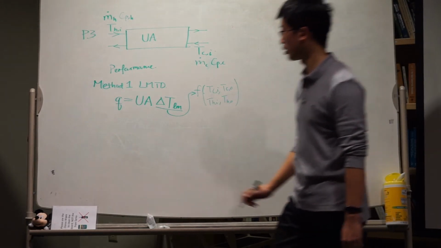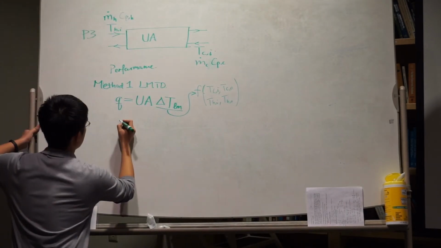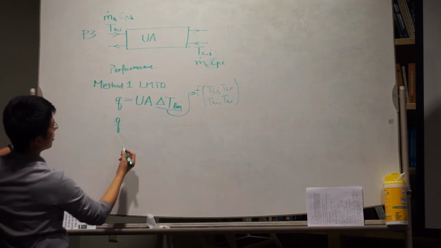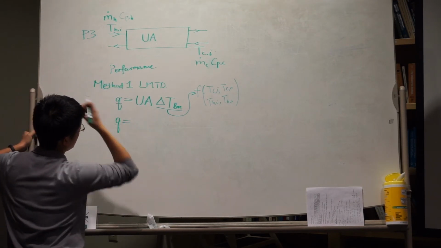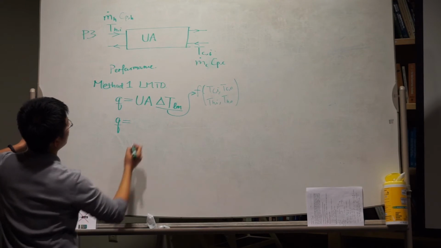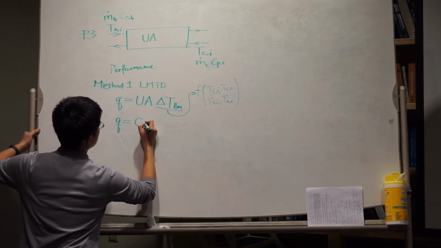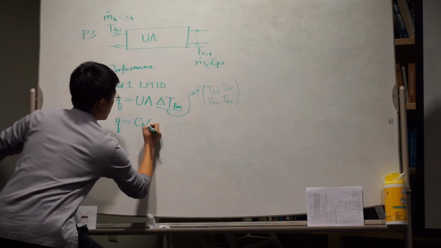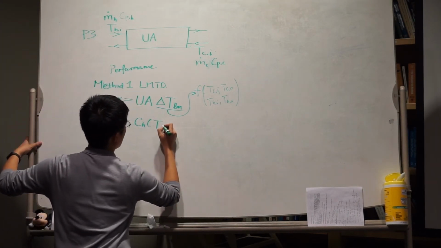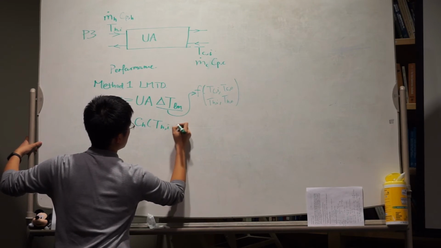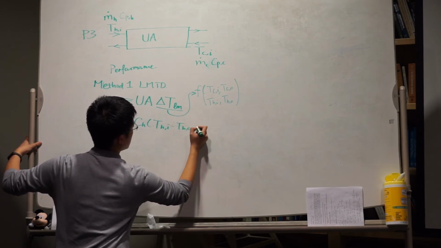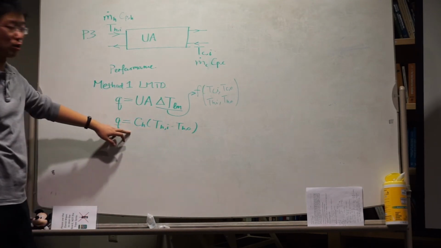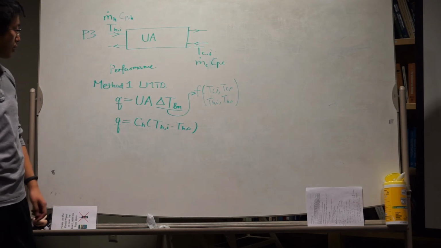This is the first equation. The second and third are saying the heat transfer rate in this heat exchanger will equal, one, the heat capacity rate times the temperature difference of the hot side. This is how much heat is lost from the hot side, right?